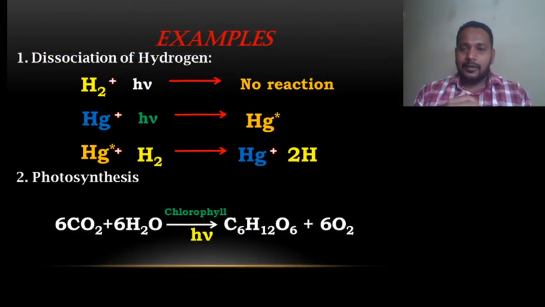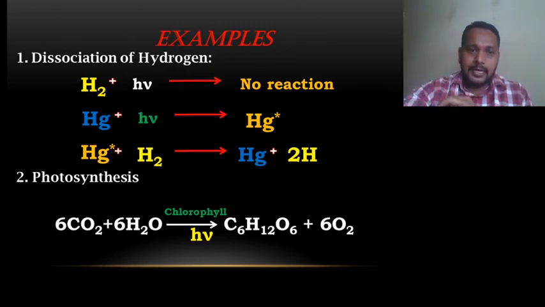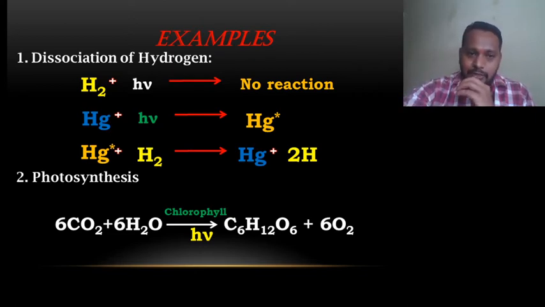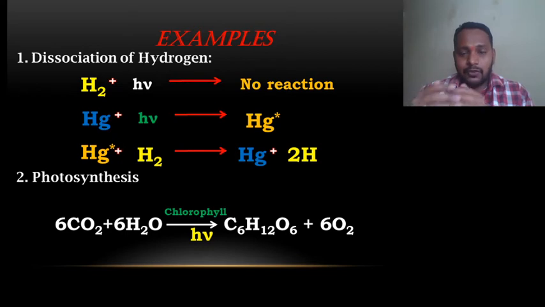While discussing examples, first we will discuss the example of dissociation of the hydrogen molecule, right? See, this is the hydrogen molecule. Now, if that hydrogen molecule is irradiated with UV light having wavelength 253 nanometer, then even though that UV light has energy sufficient for dissociation of this hydrogen molecule into its two atoms, the direct irradiation of UV light on hydrogen doesn't lead to the dissociation of that hydrogen molecule to form two hydrogen atoms.